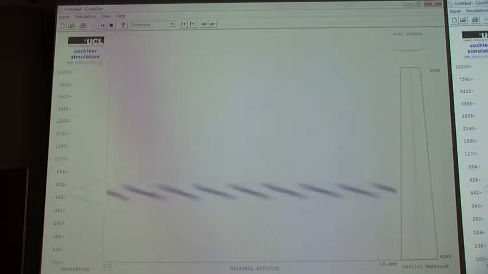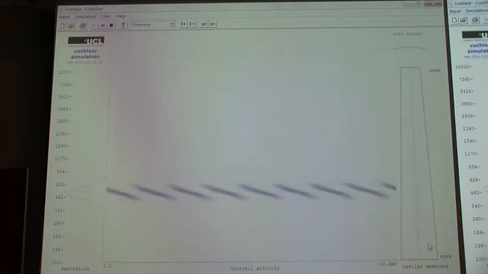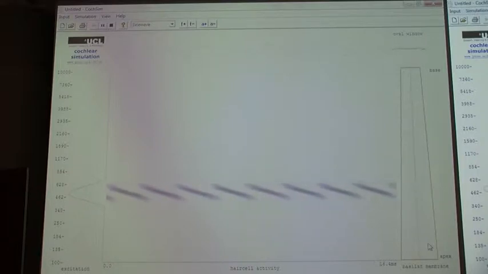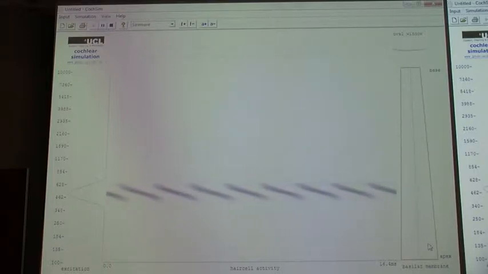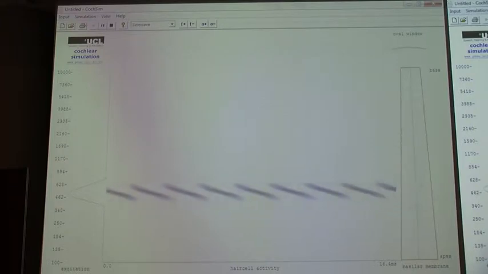And this funny shape here represents the basilar membrane, which is the structure inside the cochlea which essentially decomposes sounds into their elementary components. You can see this particular sound is causing this particular part of the basilar membrane to vibrate most.